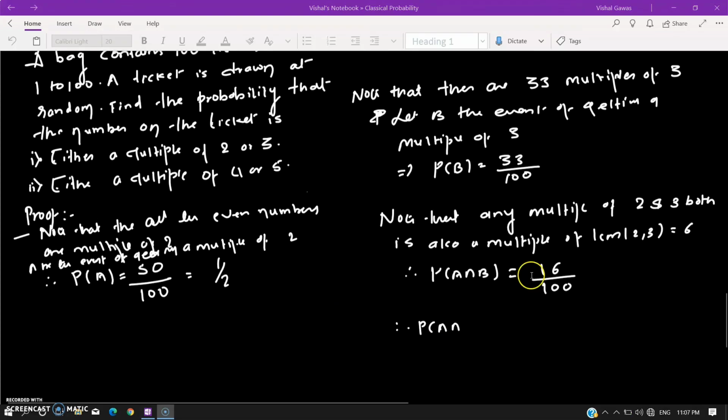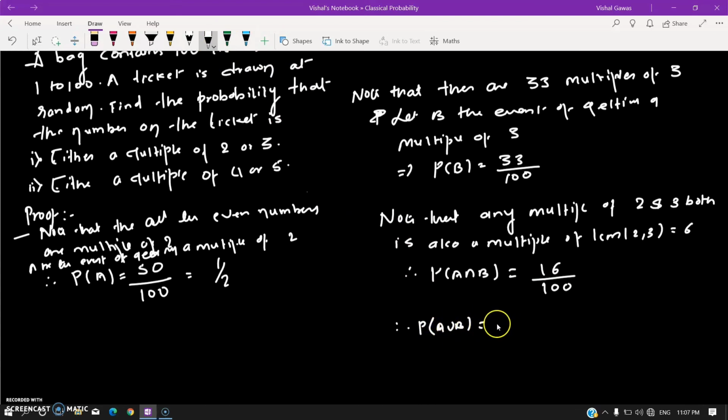Therefore, A union B would be nothing but P of A plus P of B minus P of A intersection B. Let me keep P of A as 50 by 100 so that it is better. It will be 50 by 100 plus 33 by 100 minus 16 over 100.